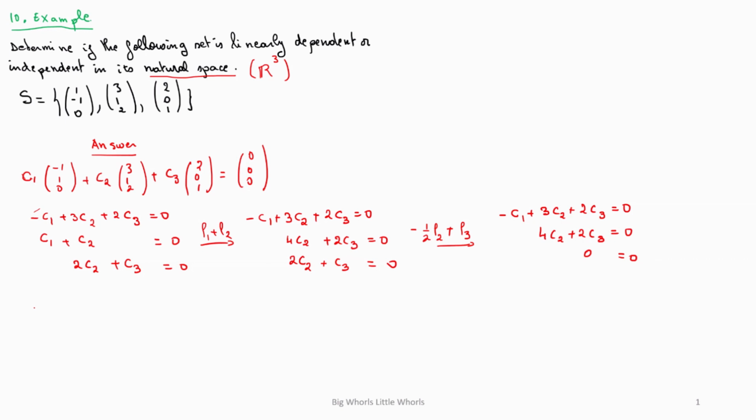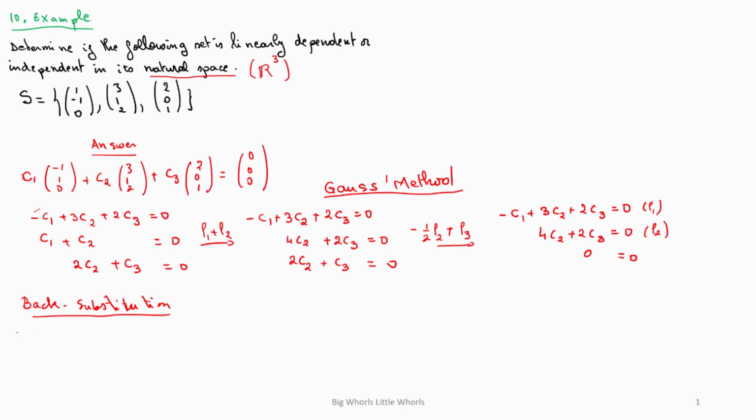So now what I'm going to do is back substitution. Here what I have done is Gauss's method, or Gaussian operations, it's the same thing. Now this is my row 1, this is my row 2.